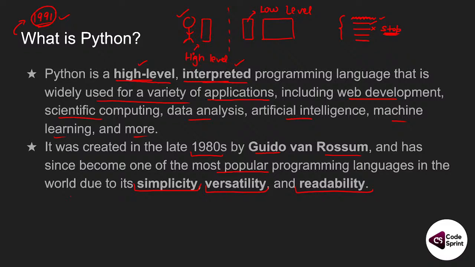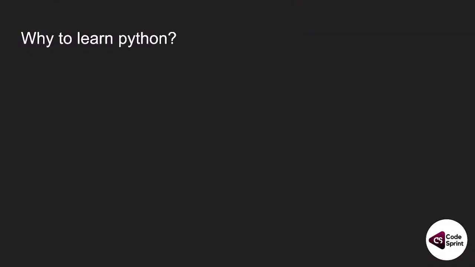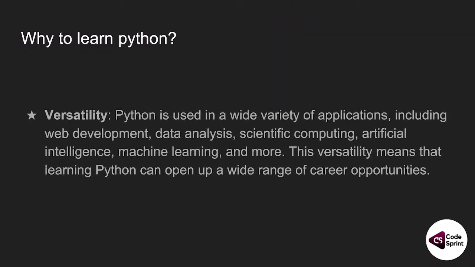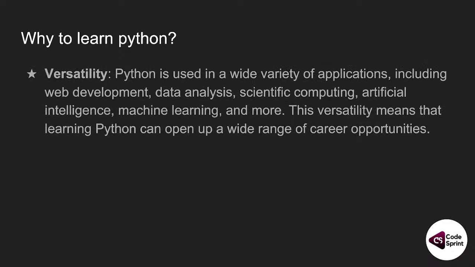Okay, now the first agenda was clear, what is Python. Now we need to discuss why to learn Python. So let's start. We have discussed that first, it is so versatile. And how is it versatile? Because we can use it in web development, data analysis, scientific computing, artificial intelligence, machine learning, and many more.